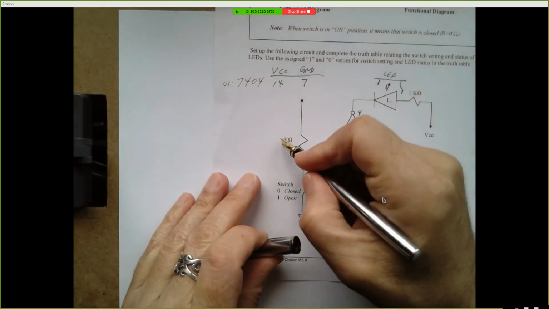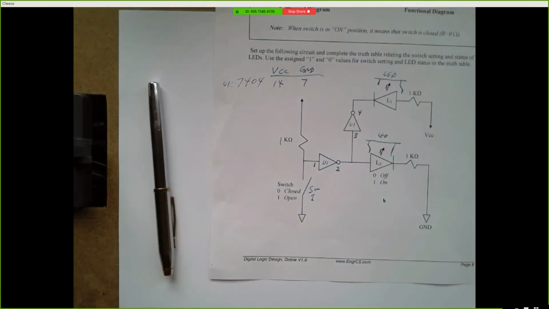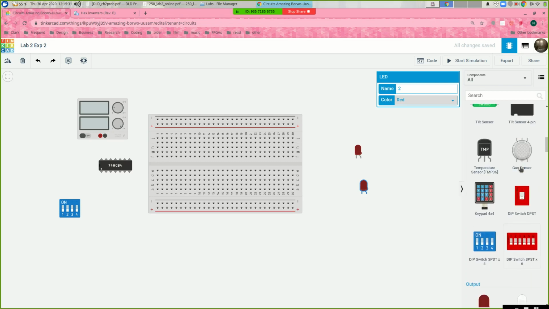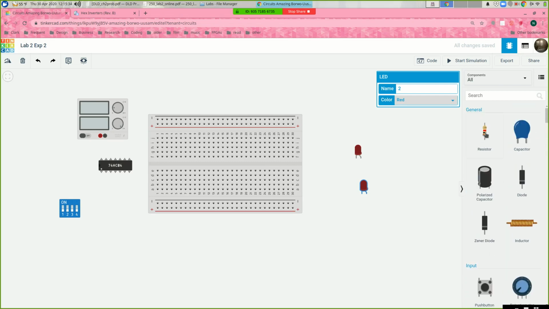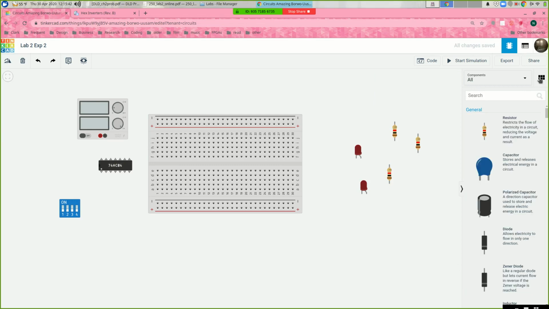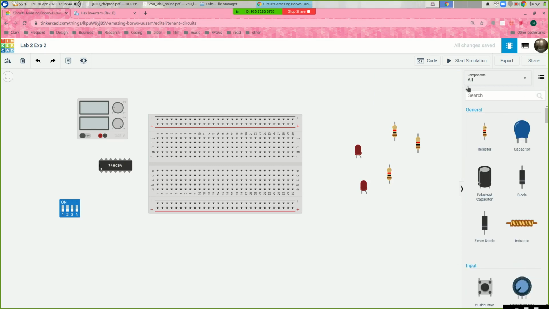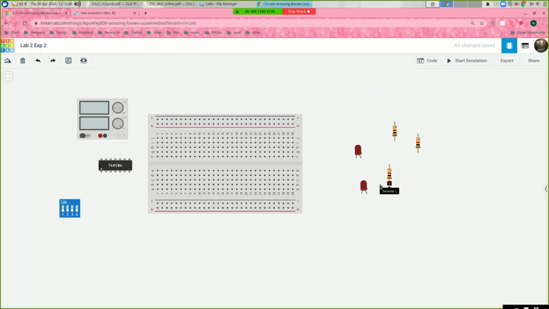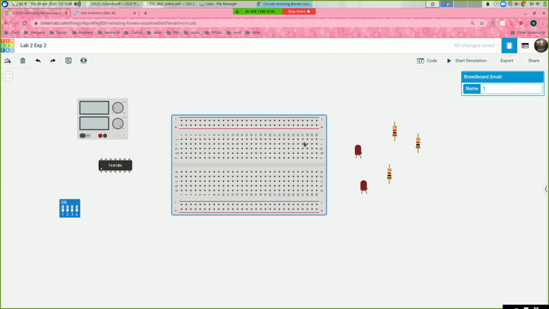This should say 1 kilo ohm. So I'm going to pull 3 resistors out of my parts box right now. You can go directly from the edge to the board, but I'm just pulling these out so that I have them. And then I can make that go away, so I've got more space.